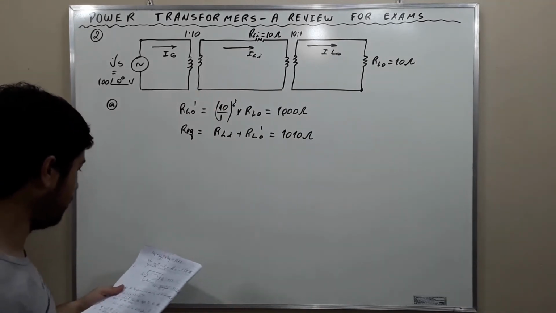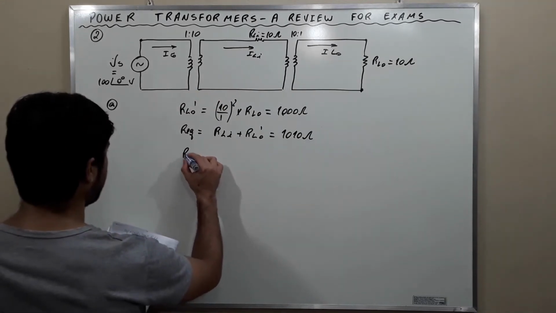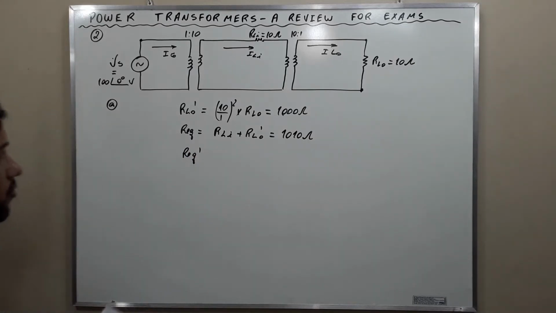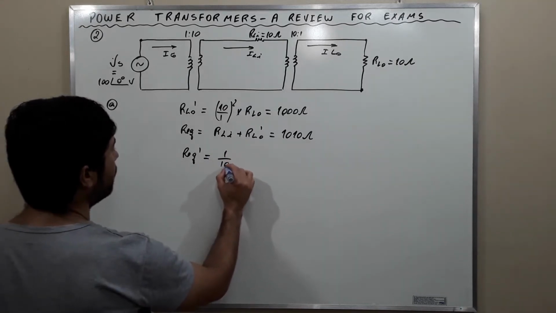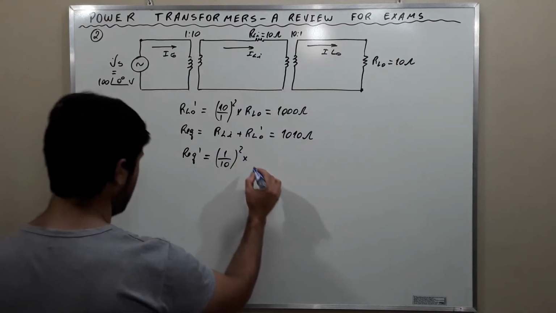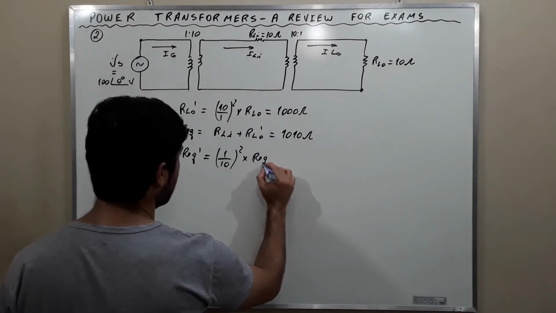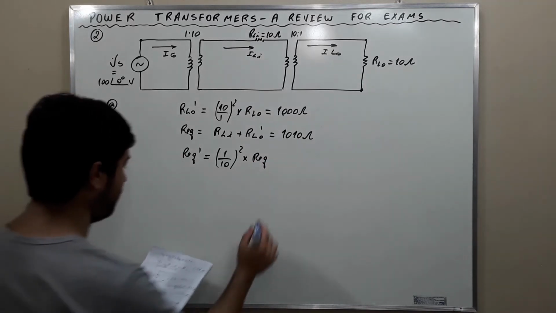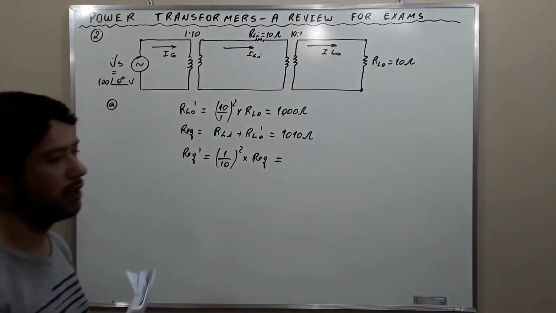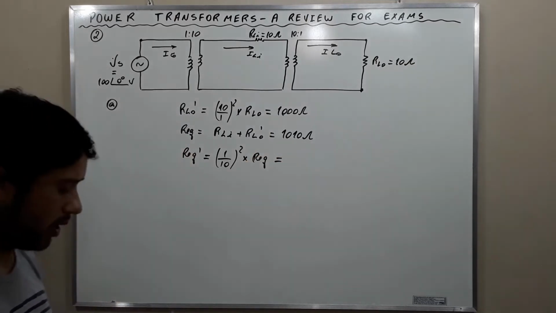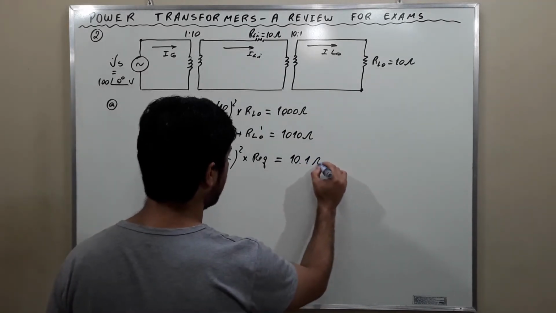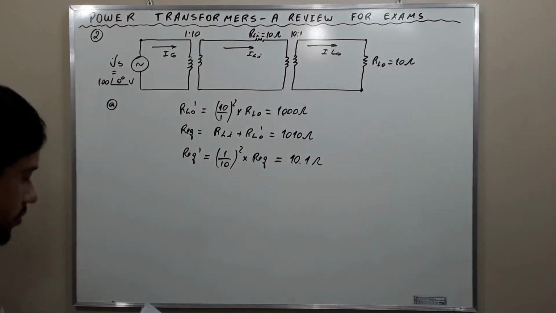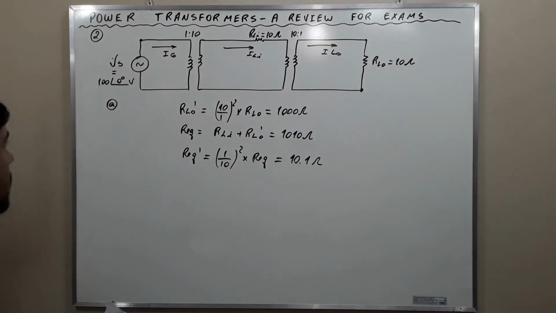Then the equivalent resistance referred to the generator side is going to be 1 over 10 squared times the equivalent resistance, which is simply the division of this number by 100, and it is 10.1 ohms. We use this value to calculate the current of the generator.